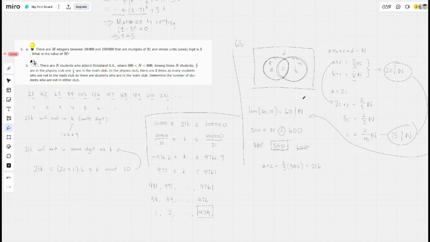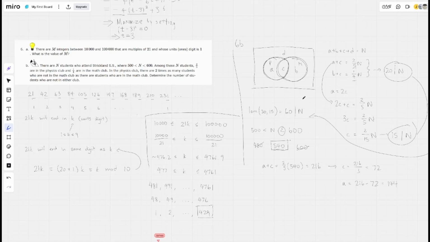Moreover, we know that A equals 2C. So then C equals 216 over 3, which is 72, and A is equal to 216 minus 72, which is equal to 144.